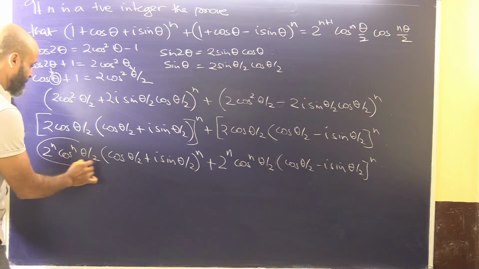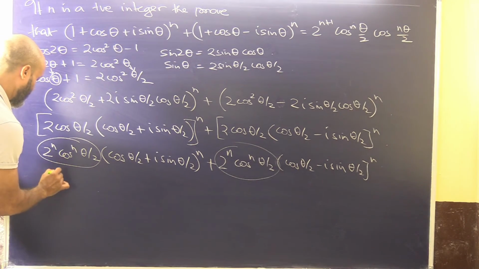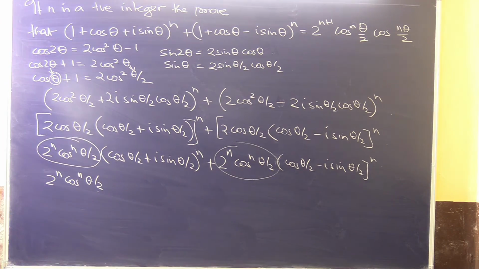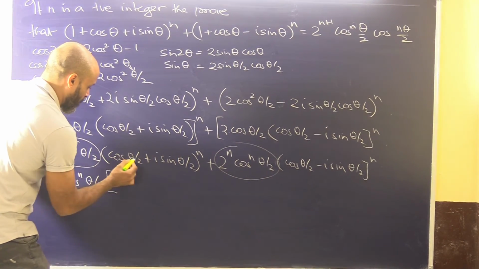We can take this as common from both, so we will have 2^n cos^n(θ/2).